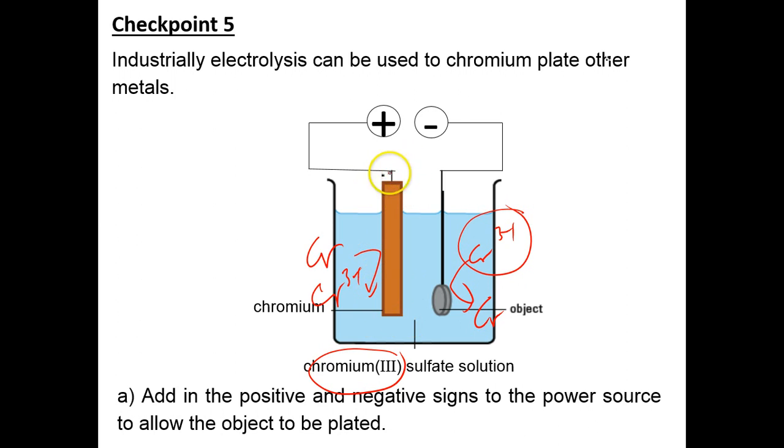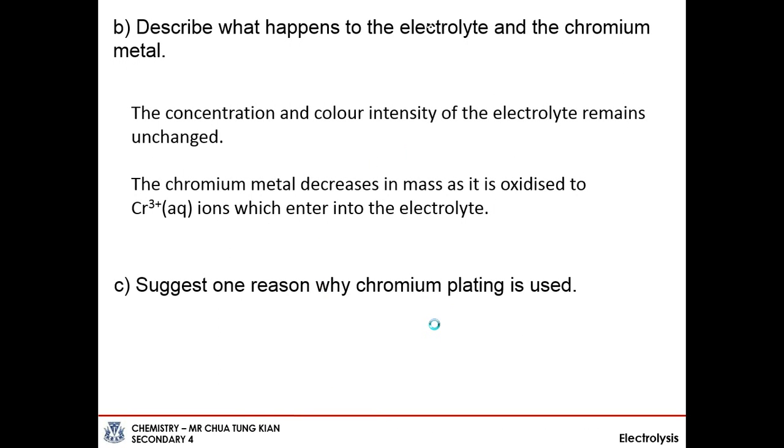So its mass will gradually decrease as well. Okay, so color intensity remains unchanged, but the chromium metal will decrease in mass as it is oxidized to Cr3+ ions which enter into the electrolyte. So the anode becomes oxidized.